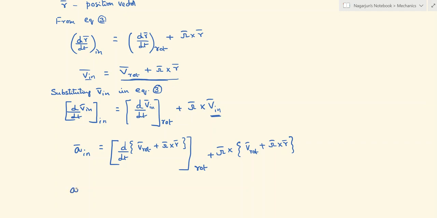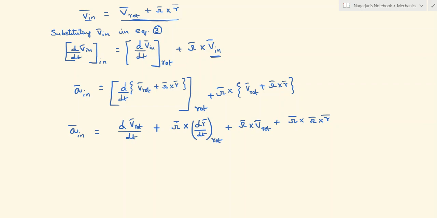So now acceleration with respect to inertial frame is equal to dv bar rotation by dt with respect to rotating frame of reference. This is the acceleration, plus omega bar being a constant one, we can express it like this: omega bar cross dr bar by dt with respect to rotating frame plus omega bar cross v bar rotation plus omega bar cross omega bar cross r bar.